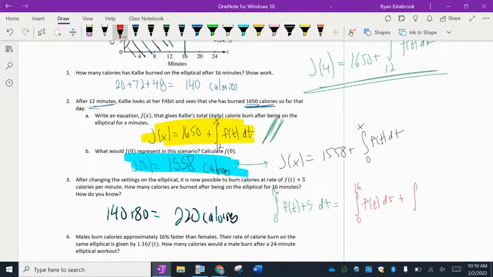Plus, we can split it, the integral from 0 to 16 of the 5, this 5 plus 5 dt. So this is saying what's the area under the curve y equals 5? Just the horizontal line y equals 5 from 0 to 16. That's the length of 80 that we have right there. So graphically, I can see what those shapes are, or I can split these and think about how I'd actually calculate them.